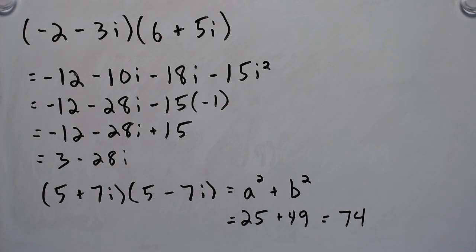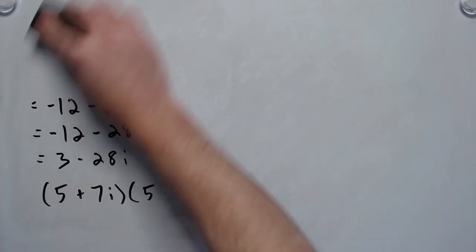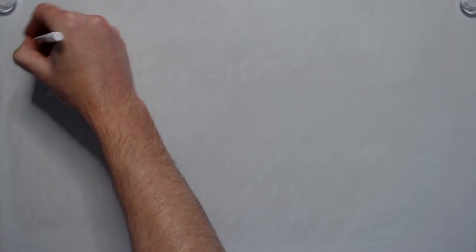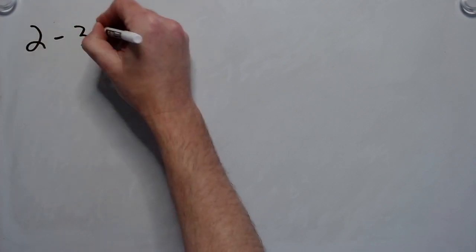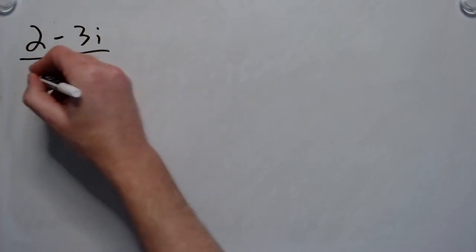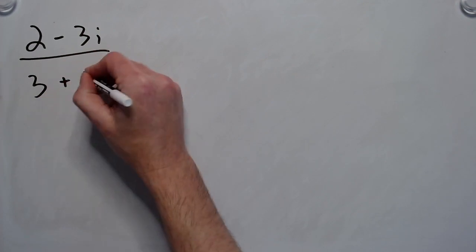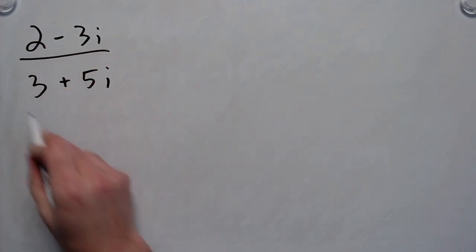All right, let's wipe this off and do one of those fun division problems. Right, back up here into the corner. 2 minus 3i divided by 3 plus 5i. So we need to rationalize this denominator.